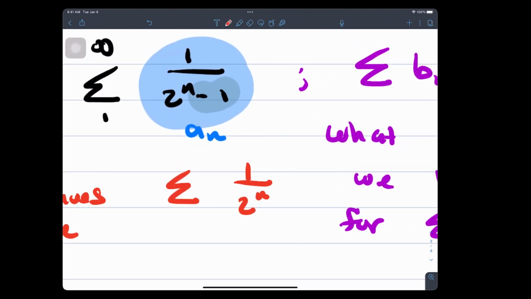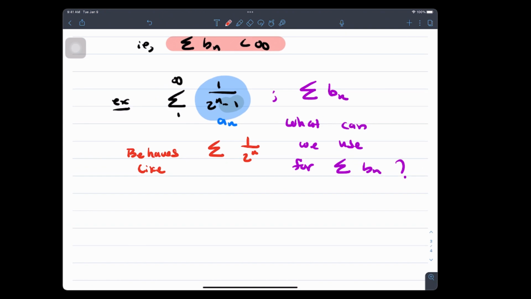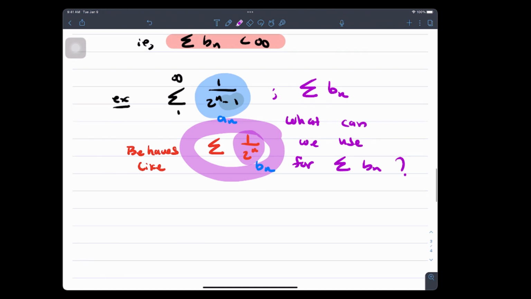And all I'm saying is that particular series, An, behaves like this series here. This, ladies and gentlemen, is the Bn, some Bn. This is my Bn term right in here. Just remove that constant, and they're very similar series.